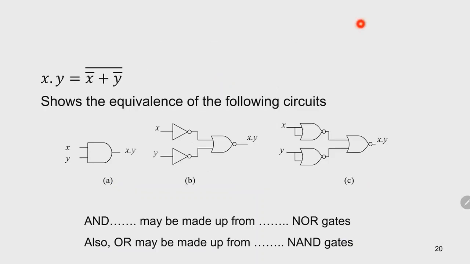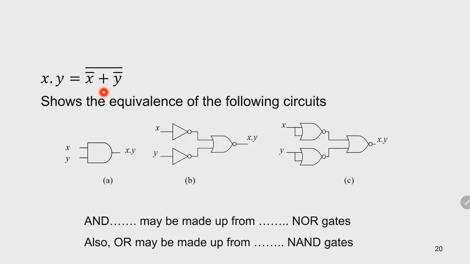In terms of combinational circuits, on the left hand side we have x and y, so we have an AND gate here. We can implement that by inverting x, inverting y, and then NORing them together.